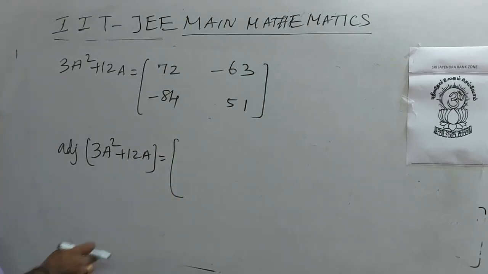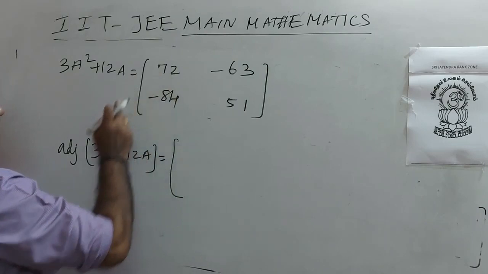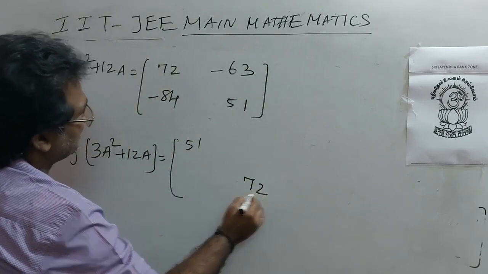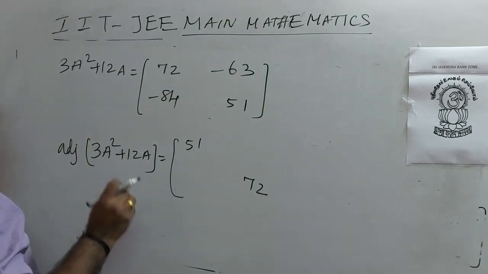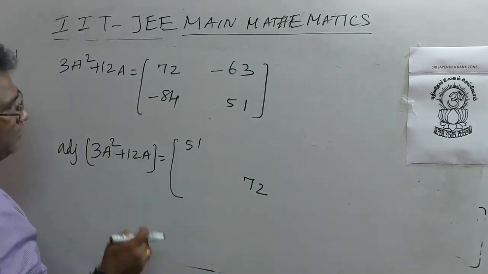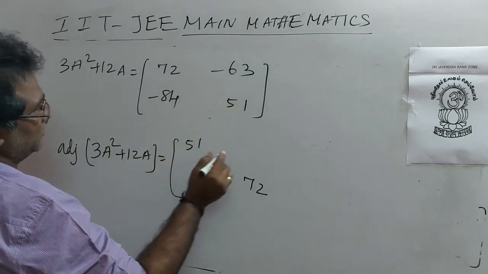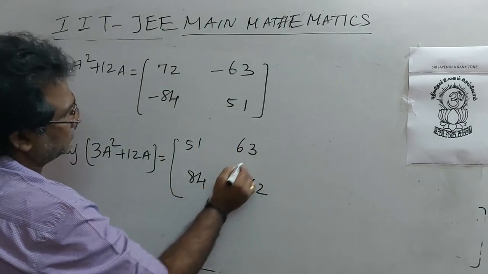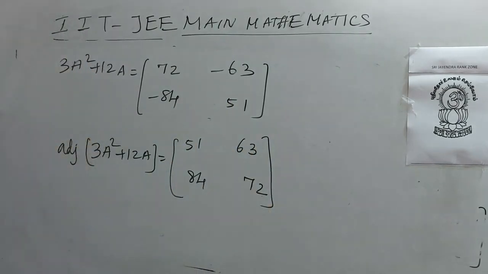To find the adjoint, you have to interchange the elements in the main diagonal. So here 51, here 72. Change the sign of the elements of the second diagonal. So here you have 63, here we have 84.